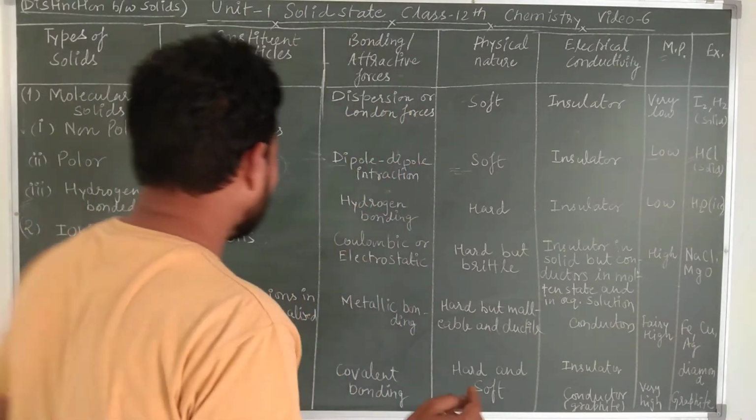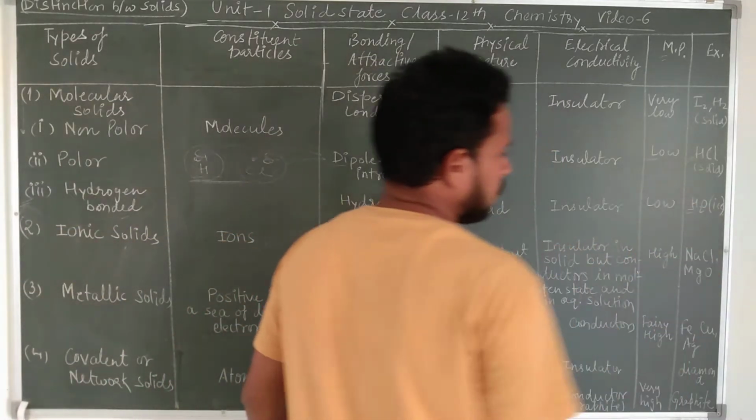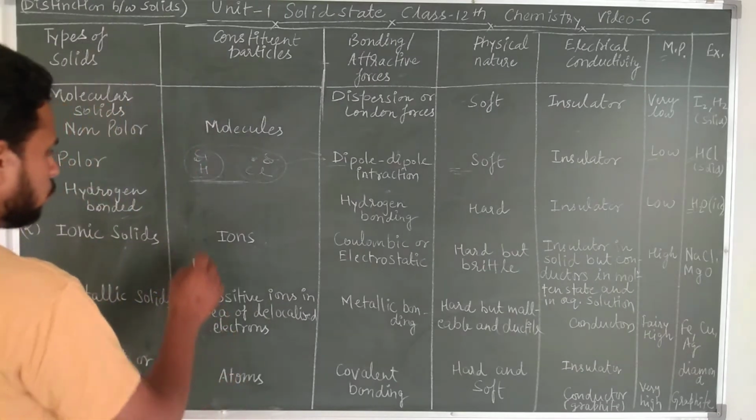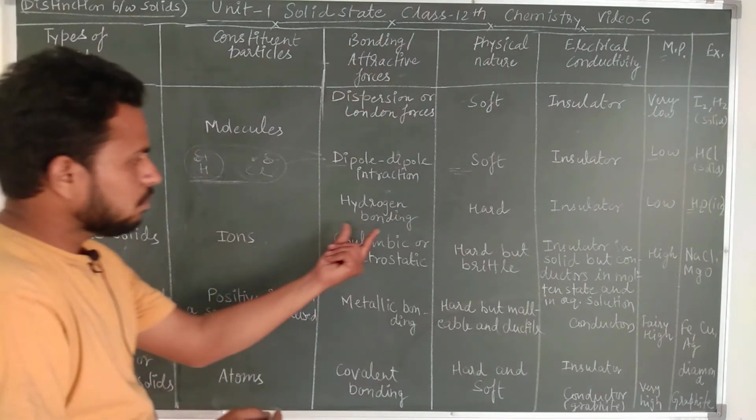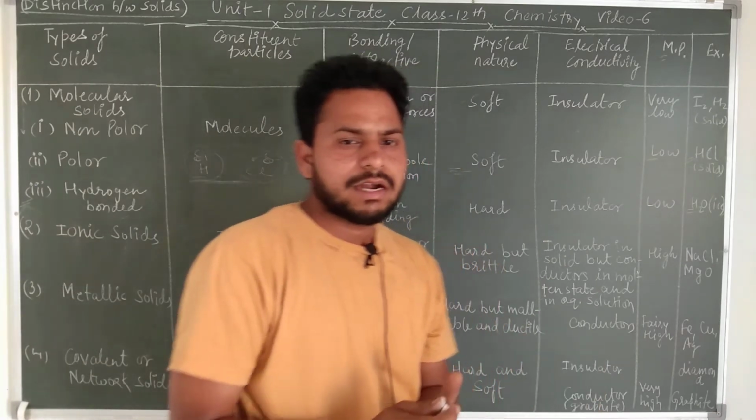Suppose we have the example of water: hydrogen bonding between hydrogen and another electronegative atom.